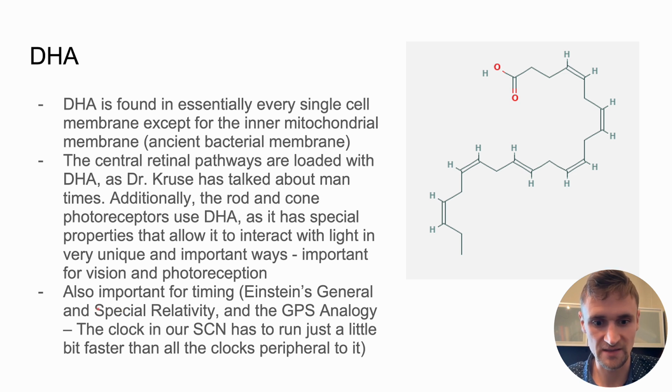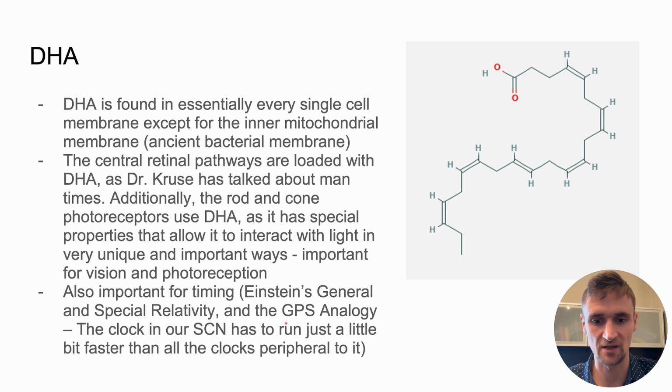So lastly, it's also very important for timing. And this is what Dr. Jack Kruse has talked about in many podcasts and many presentations he's done, where DHA, and the fact that the central retinal pathways are so loaded with it, actually plays a role in Einstein's general and special relativity and the GPS analogy.